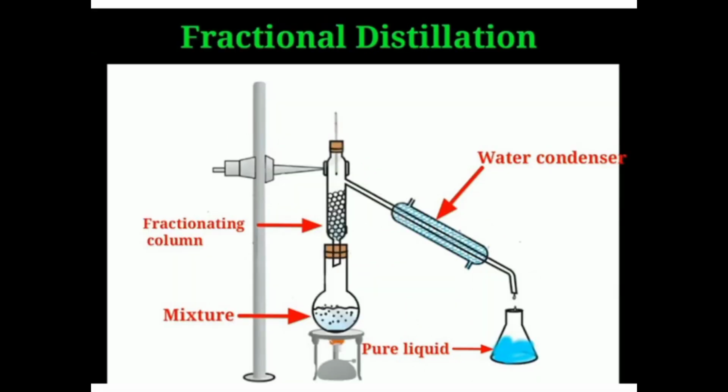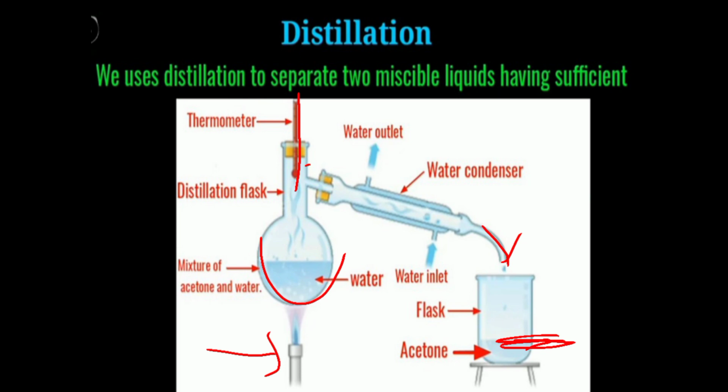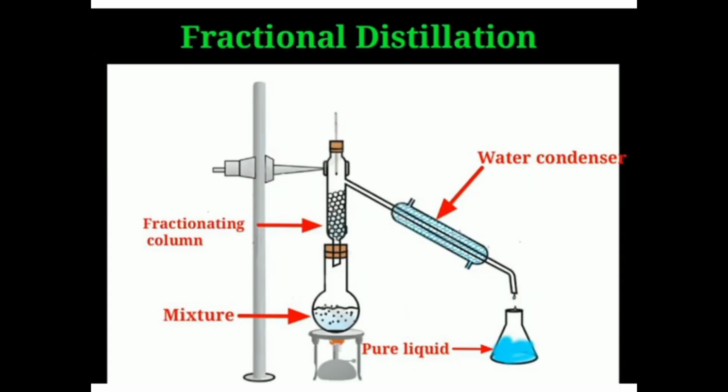Then comes fractional distillation. It is a complex type of distillation. This process is simple distillation. Now, fractional distillation is a complex type of distillation in which we can separate a mixture of two or more miscible liquids.